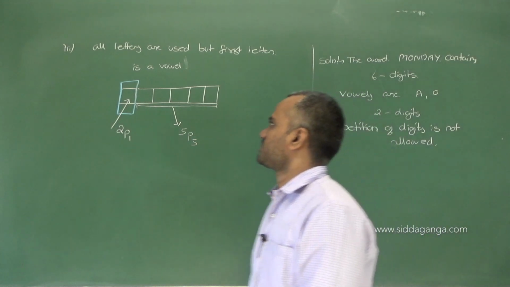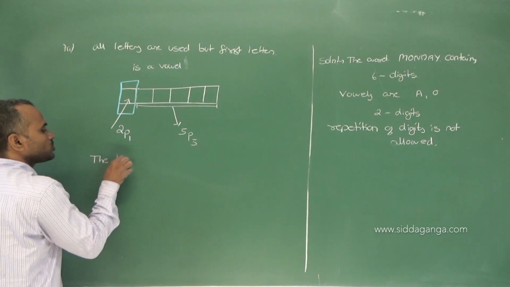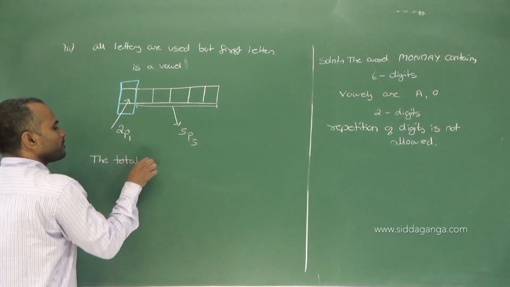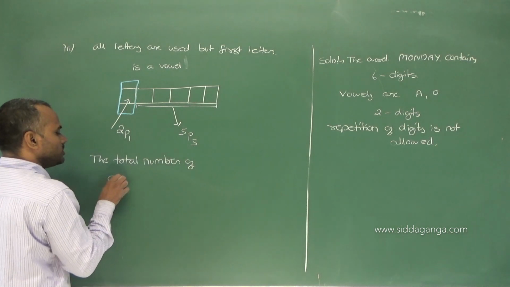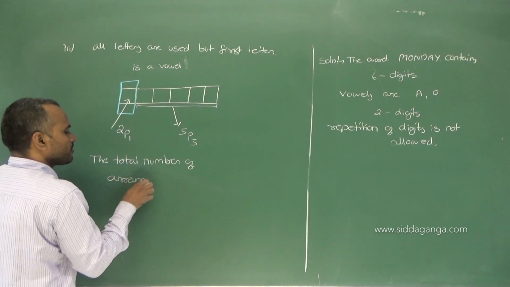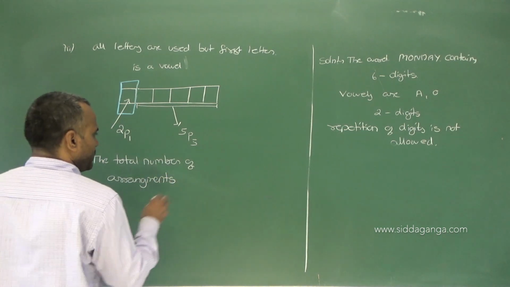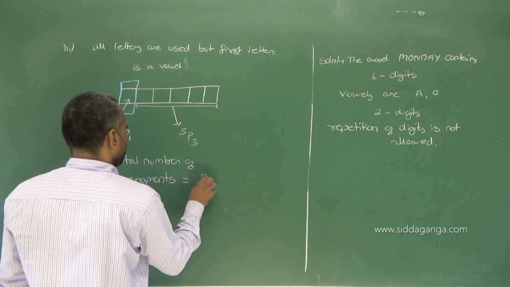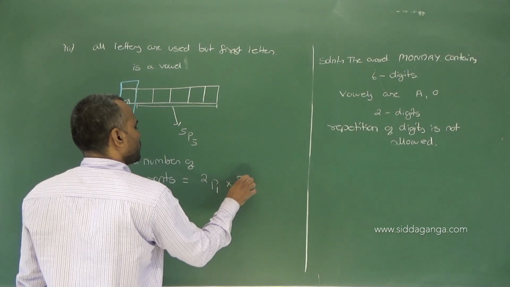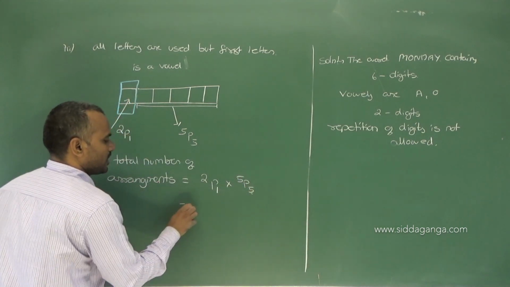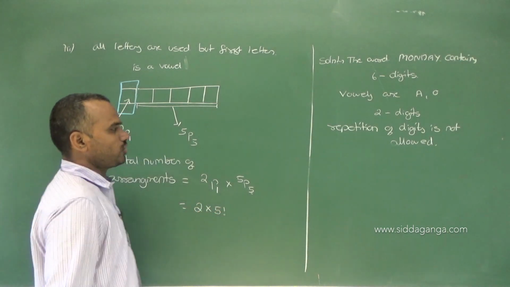The total number of arrangements is equal to 2p1 into 5p5. That is equal to 2p1 is 2 into 5 factorial.